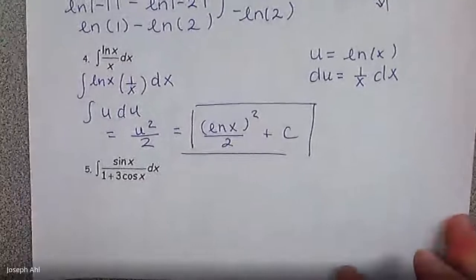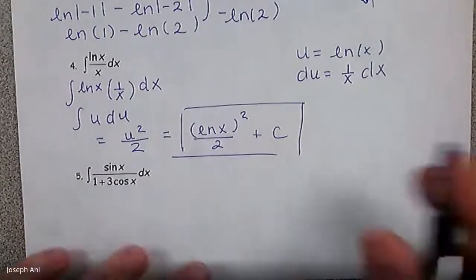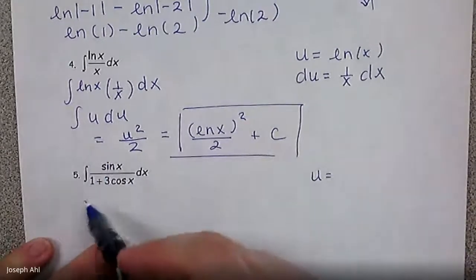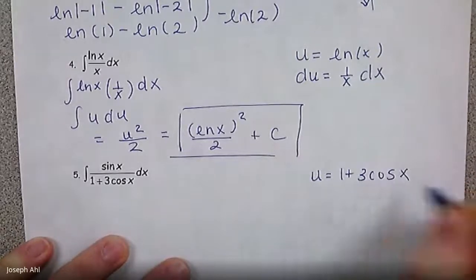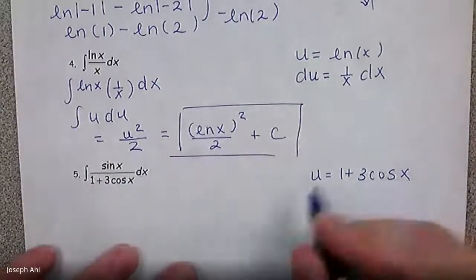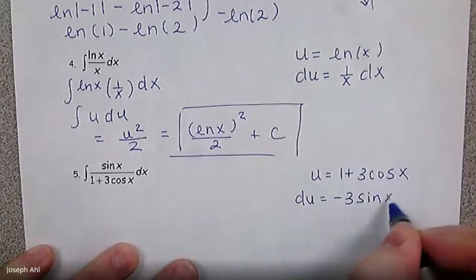What we're going to start becoming really accustomed to is looking for setting the denominator to u, because we're going to get some natural logs to appear from taking the integral. But if we try this one more time where we let u equal the denominator, does du have some connection to sine x dx in the numerator? Of course it does, right? So the derivative of 3 cosine x, my du would be -3 sine x dx.